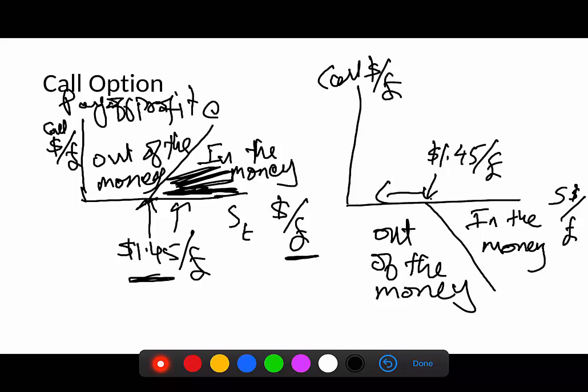So the call option seller wants the spot rate to be less than this, so that the call option buyer does not exercise the option. If the spot rate is less, he will not exercise, it will remain out of the money for him, and that is the seller's gain, the option premium, which the call option seller has already received. And whatever is the gain of the call option buyer is the loss of the call option seller.